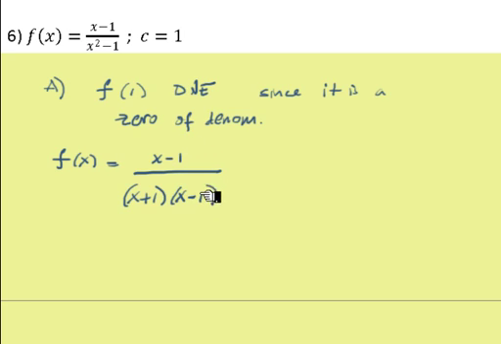Even though this does reduce, it's still a 0 of the denominator written in this form. So right away it fails. f of 1 does not exist. 1 is not in the domain, so we conclude not continuous.